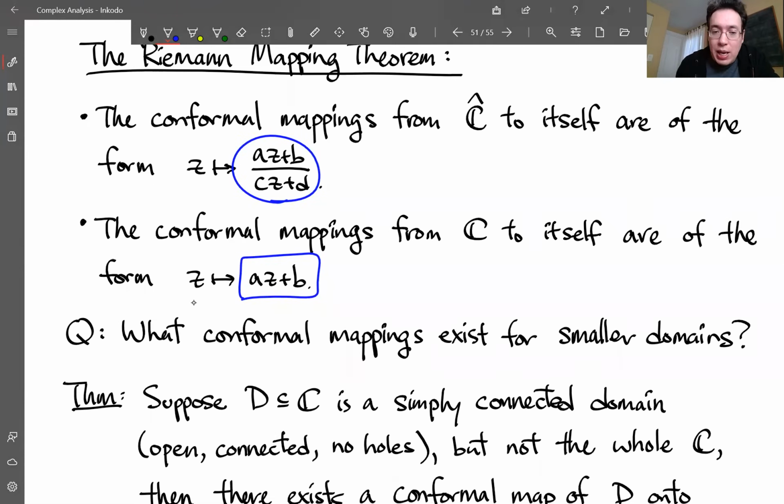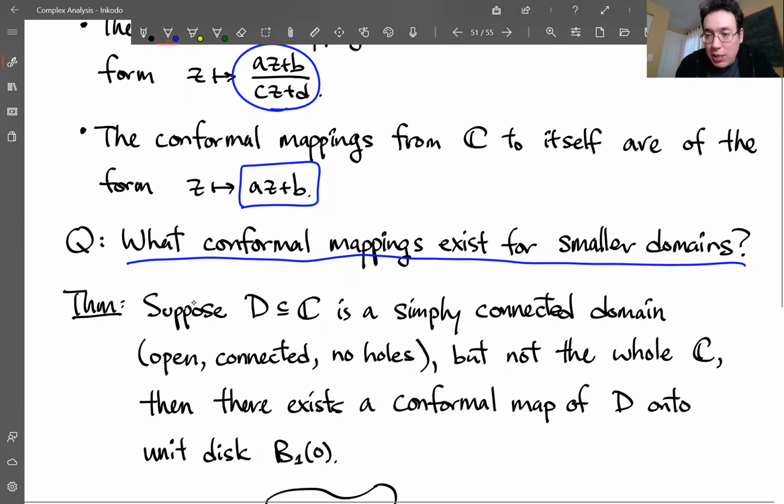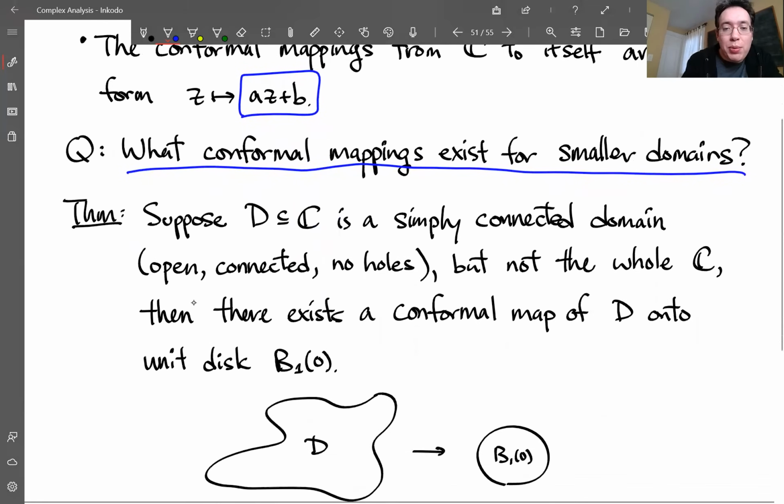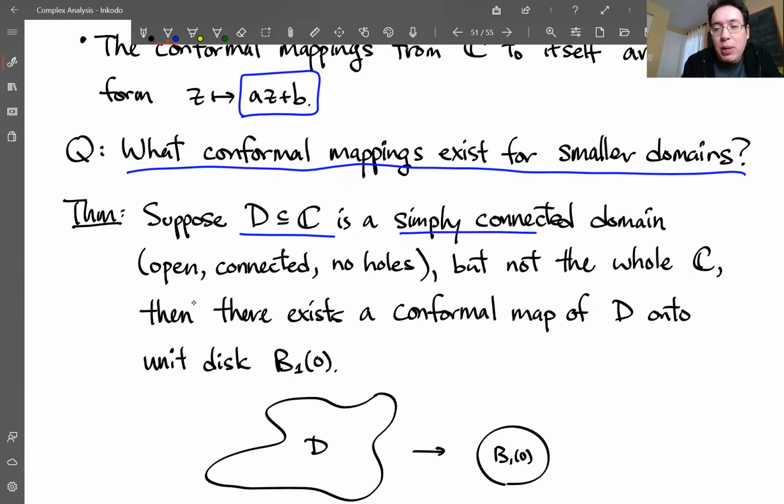The natural question to ask is, what kind of conformal mappings exist in smaller domains? So the domains that do not take up the entire plane. And this is answered by the Riemann mapping theorem. So here's how it's stated. Suppose we have a domain D which is simply connected. When I say simply connected, I mean it's open, it is connected, and there are no holes inside.